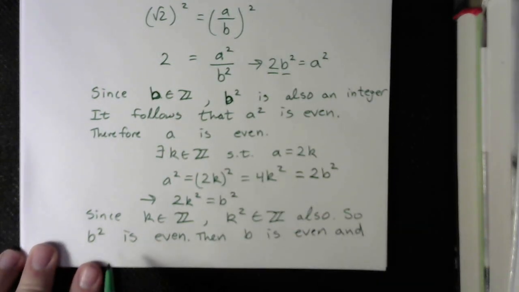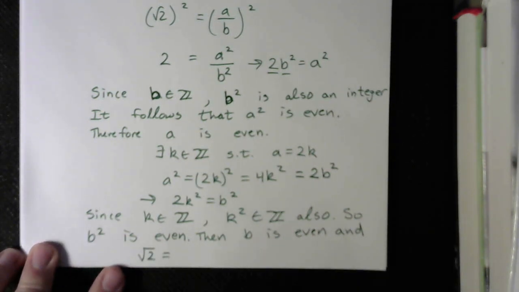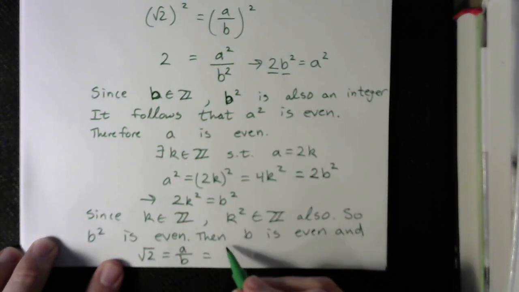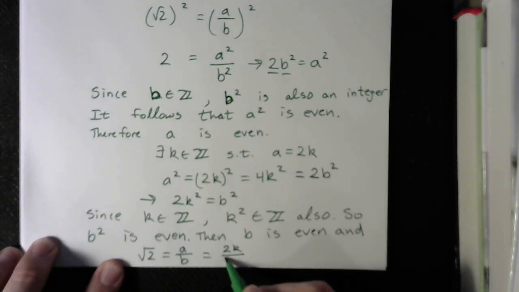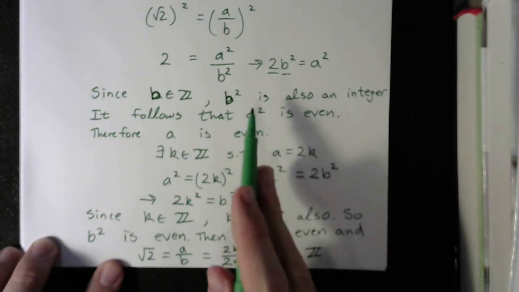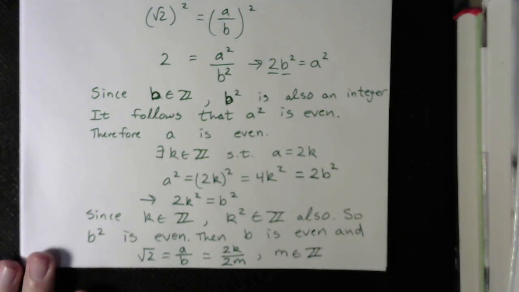And then we can say that the square root of 2 equals a over b, which equals 2k over 2m. And this is for m an integer. Right, so we've already initialized k up here for a. We're just using m for b now.